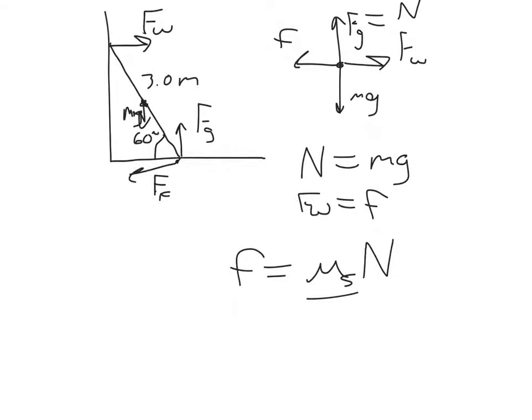I'm going to get mu static, which is what I'm looking for, equal to the force of friction divided by the normal. But I can further substitute in that the force of friction is the force that the wall applies, and that the normal is mg. So I have the force of the wall divided by the mass of the ladder times gravity. Is that correct? I think that is, yes. Yes, that has to be correct. Okay.